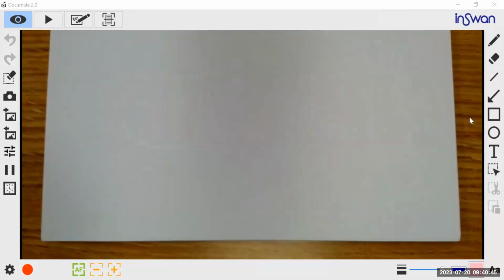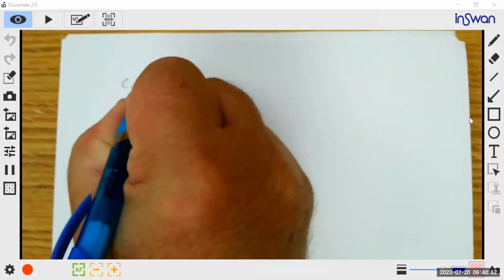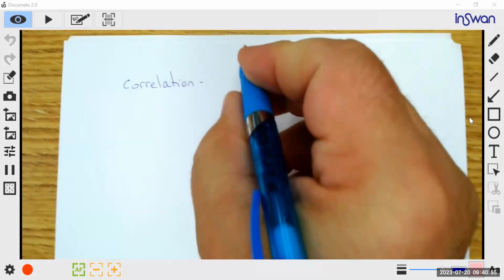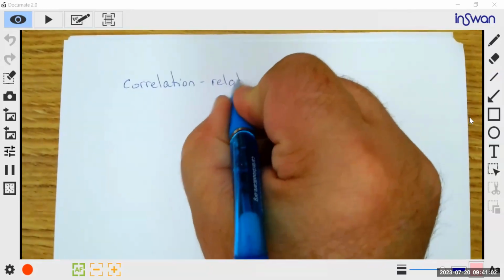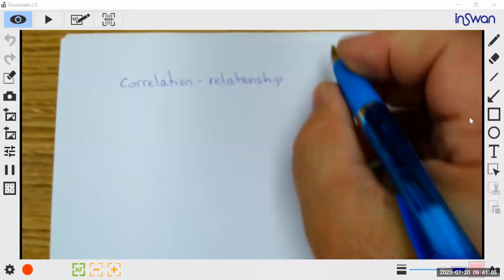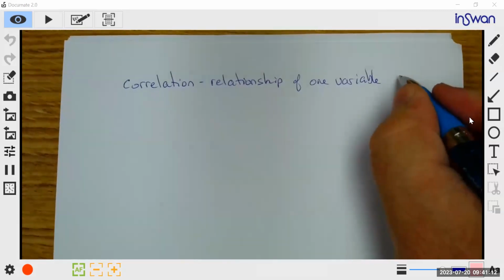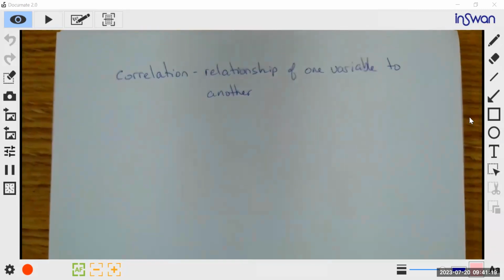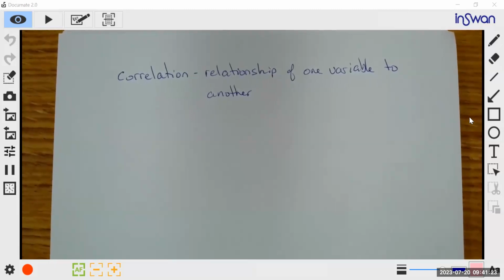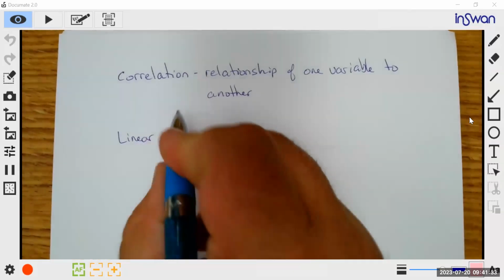Let's look at the definitions here. When we talk about correlation, we talk about the relationship of one variable to another. Linear, this is what we're looking for.